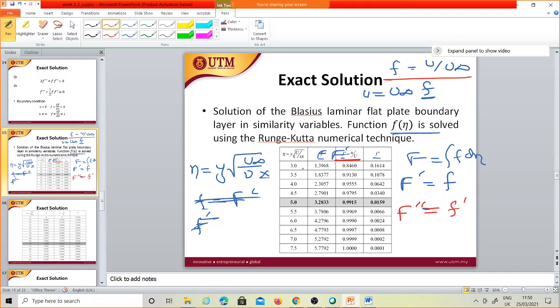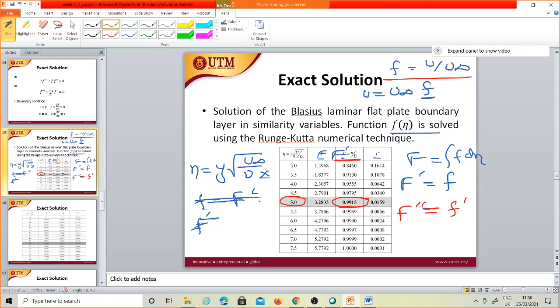Now if you change the value of eta to 3, 4, 5, something like that, you focus on the velocity ratio. It finds that when eta is 5, your velocity ratio is 0.9915. It means your velocity reaches 99% of the free stream velocity. That is the condition for boundary layer thickness, right?